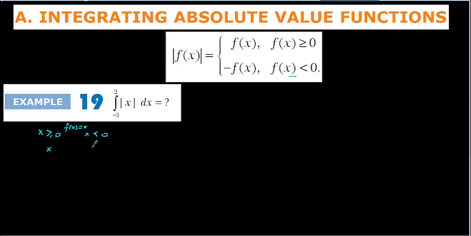When x is less than 0, the function is equal to minus x. That's why the critical point is going to be 0 for us, and we are going to find the solution of the question with respect to this value.